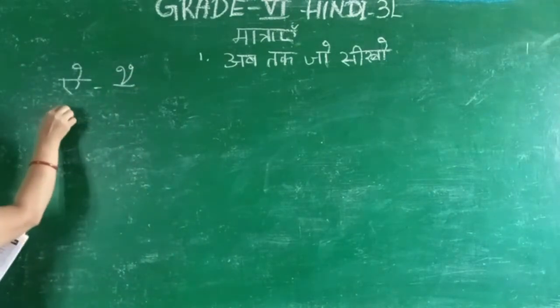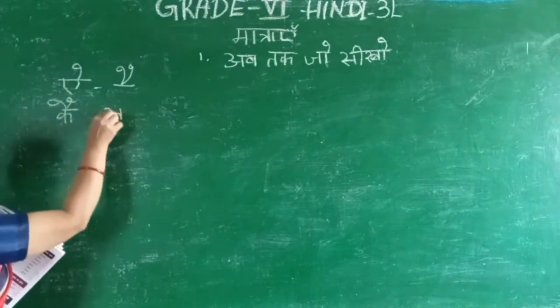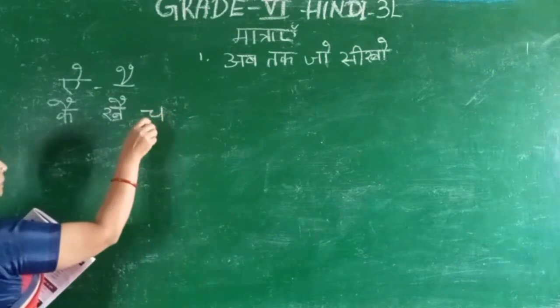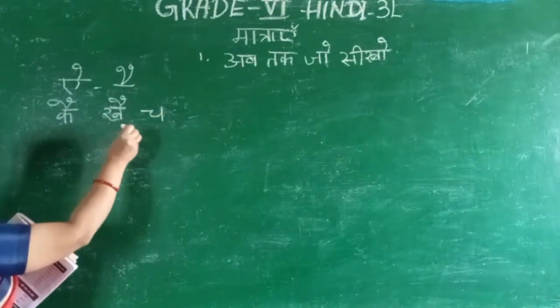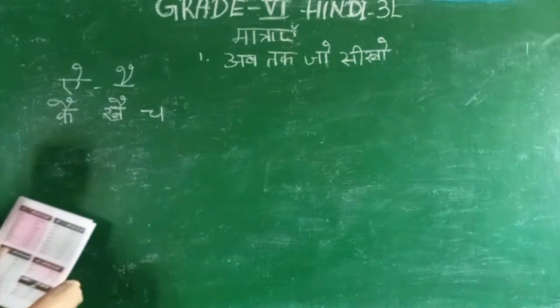For example, you see ka, kai, kha, khai. Dear children, here I am going to write only a few letters because we have no time, because we are completing the lesson also.